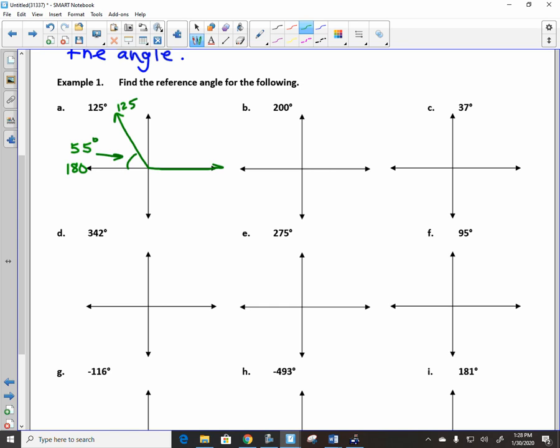For example, we have negative angles. So here we have 200 degrees. Which quadrant is 200? Third quadrant. And again, the x-axis is 180. What's the angle formed between 200 and 180? 20 degrees.